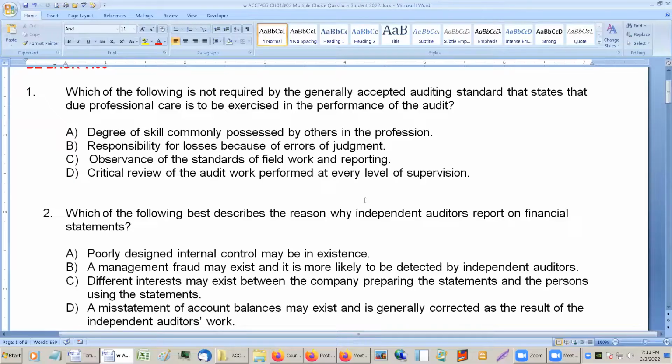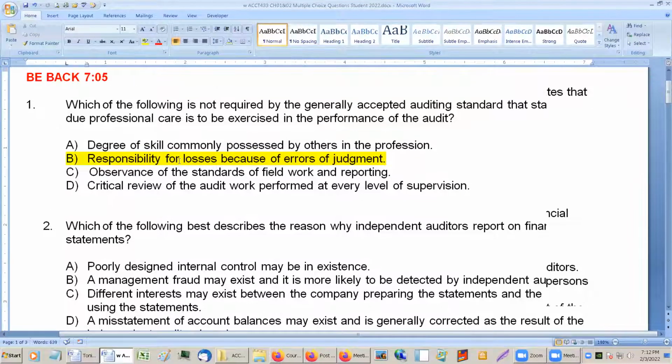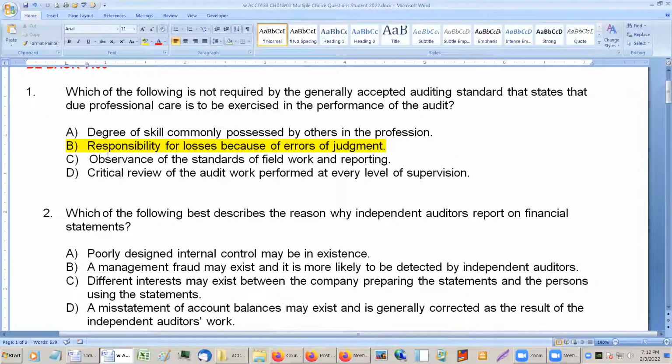Okay, looks like everybody's got their stuff in, so I'm going to end the poll and share the results. Okay, let's take a look here. Number 1, that is correct. You are not required to do gains and losses.